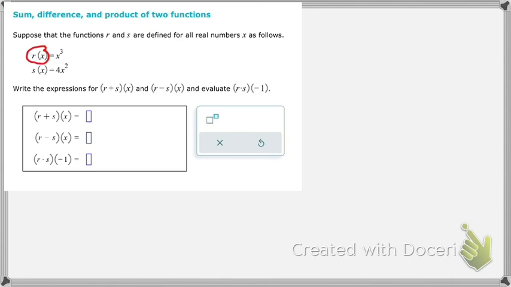It's not r times x. It is r of x. Now r is the name of a function that cubes things. That's what this x cubed is about. It's saying that's what happens to a number when you put it in the function r.